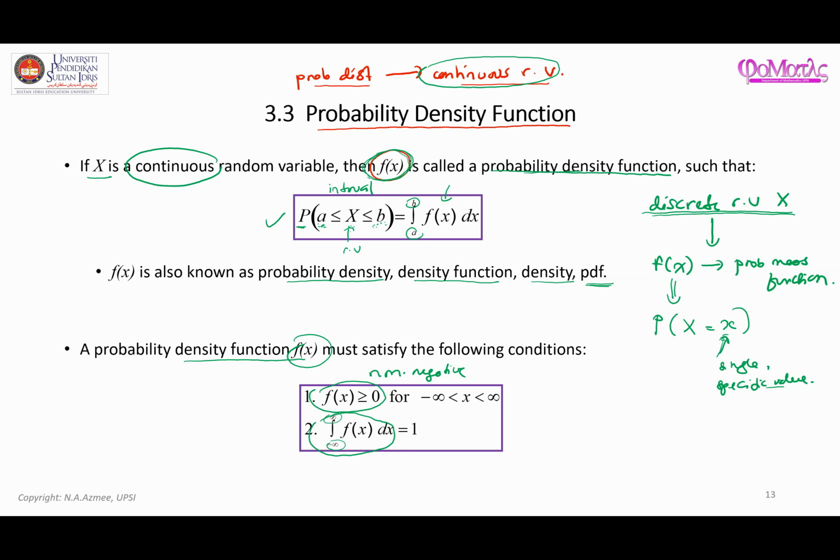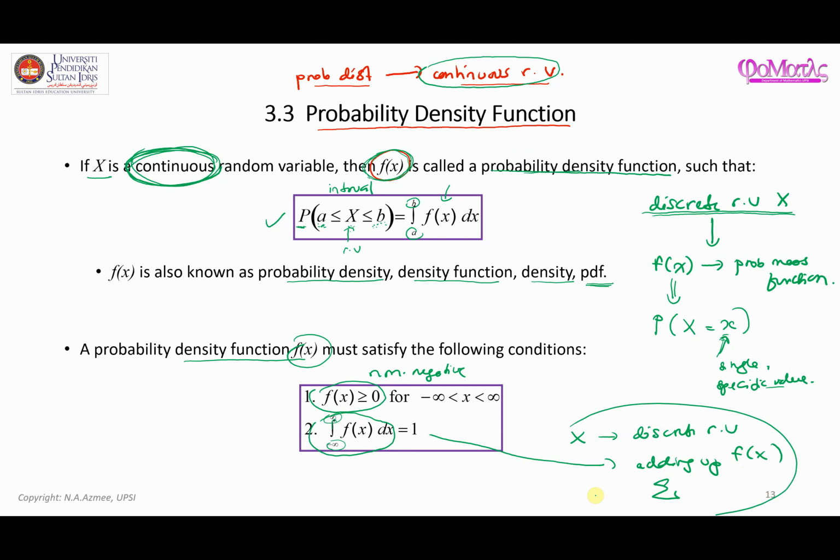So when x is a continuous random variable, you are dealing with integration. But when x is discrete, this second condition is related to adding up the values of f(x). The process is just summing up, and we use the notation of sigma.